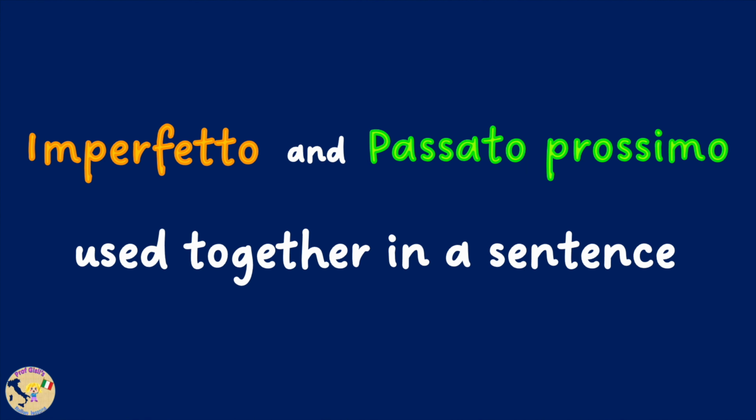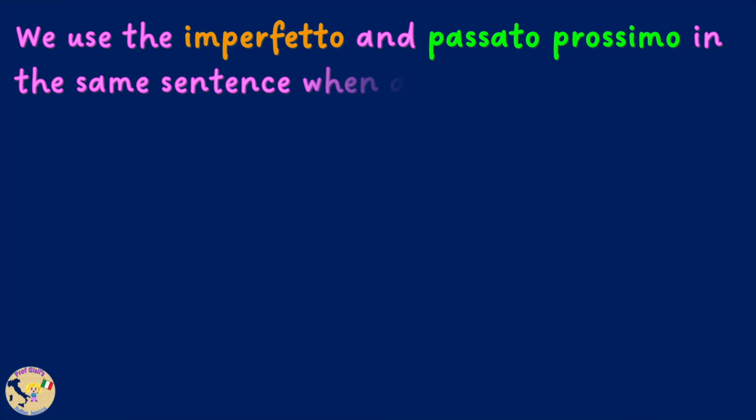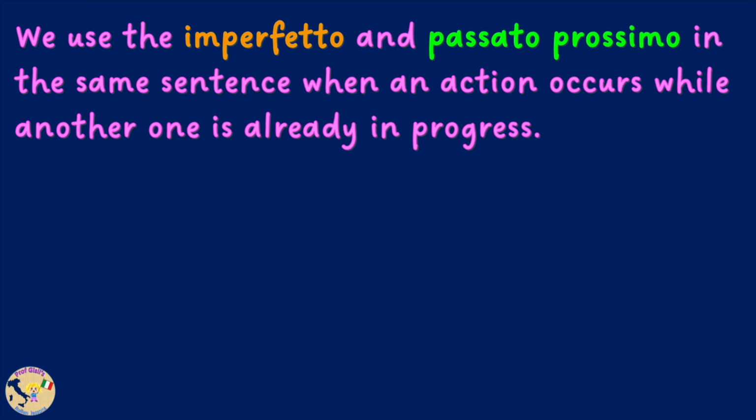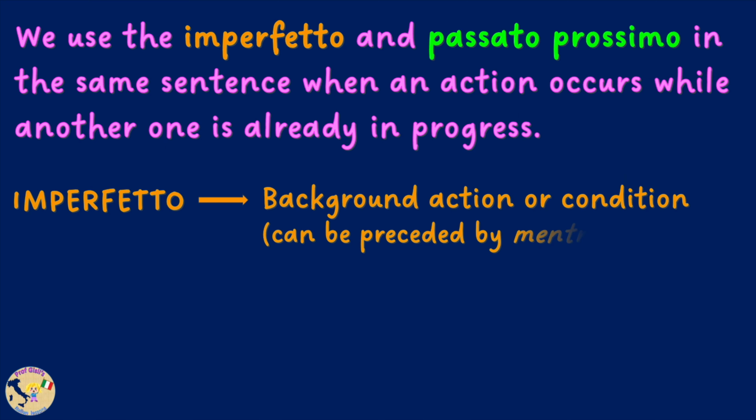Imperfetto and passato prossimo can both appear in the same sentence. We use the imperfetto and passato prossimo in the same sentence when an action occurs while another one is already in progress. In these sentences, the imperfetto describes the ongoing background action or condition and can be preceded by connectives such as mentre or perché.